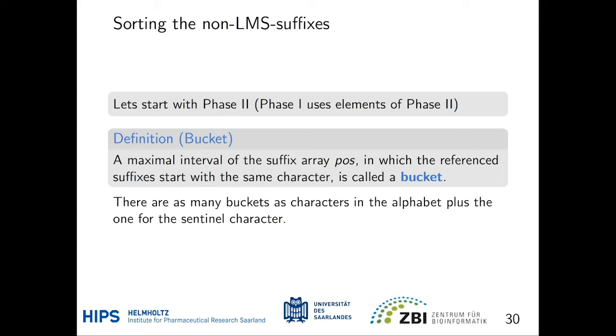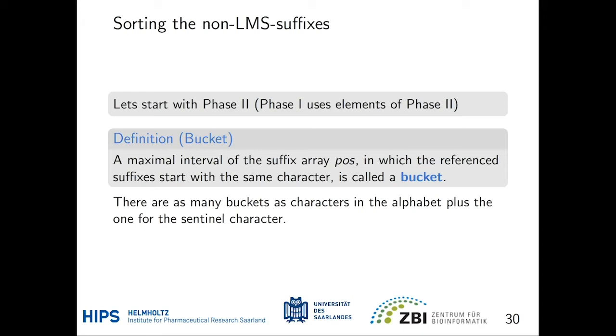First thing that we do, we split the resulting suffix array into buckets. A bucket is a maximal interval of suffix array pos in which the reference suffixes start with the same character. If the list of suffixes is lexicographically sorted, by definition, all the suffixes that start with the same character will come one after another in this list.